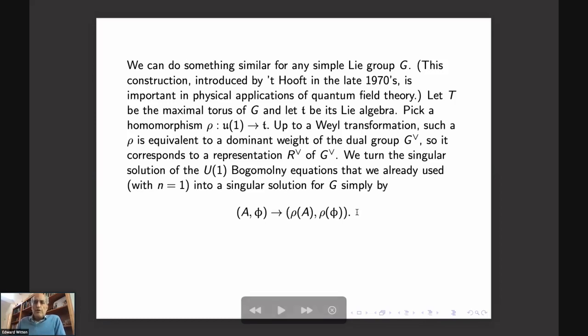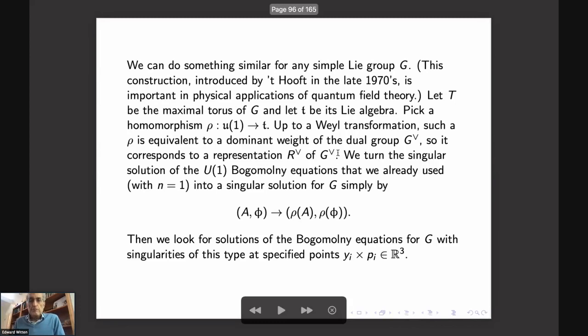So that way we get a singular solution with a point singularity at a chosen point, and the type of singularity is labeled by this representation of the dual group. Then we look for solutions of the Bogomolny equations for G with singularities of this type at specified points y_i times p_i in R^3. I said this type, but we are allowed to use a different rho for each i.